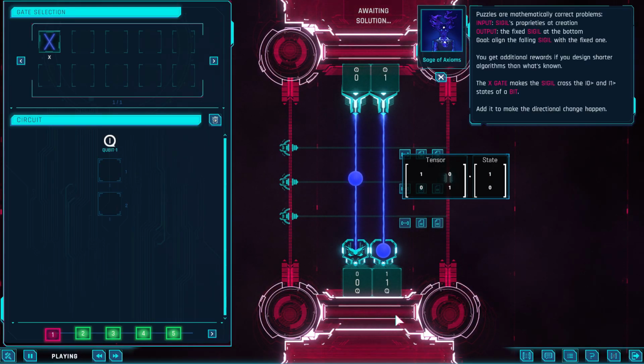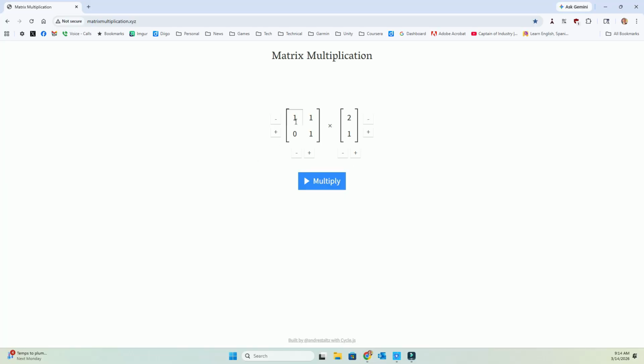So let's go back to the browser page, and this is going to be a 1 and a 0. And remember, this is the tensor for the identity state.